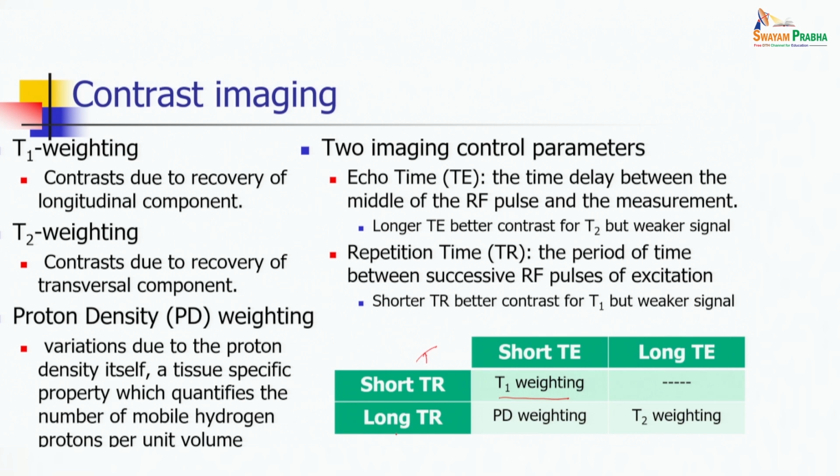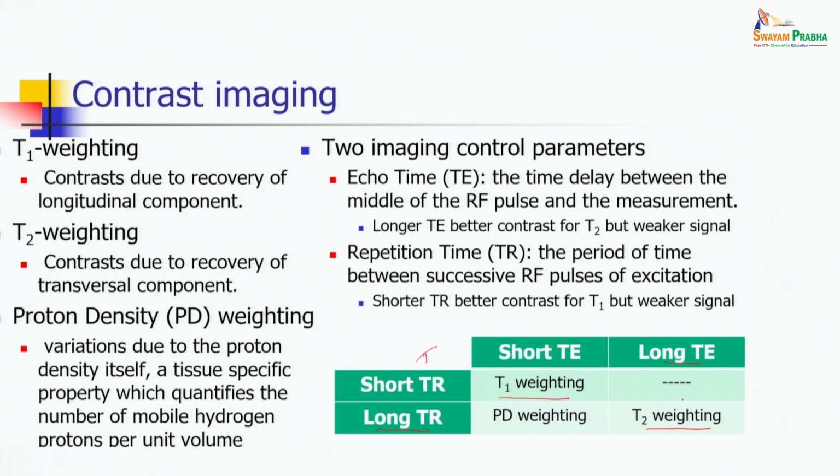On the other hand, for longer TR, the repetition time, and also longer echo time, you get T2 weighting, because most of the decay takes place by that time, and in such a case your T1 will not have that kind of contrast.